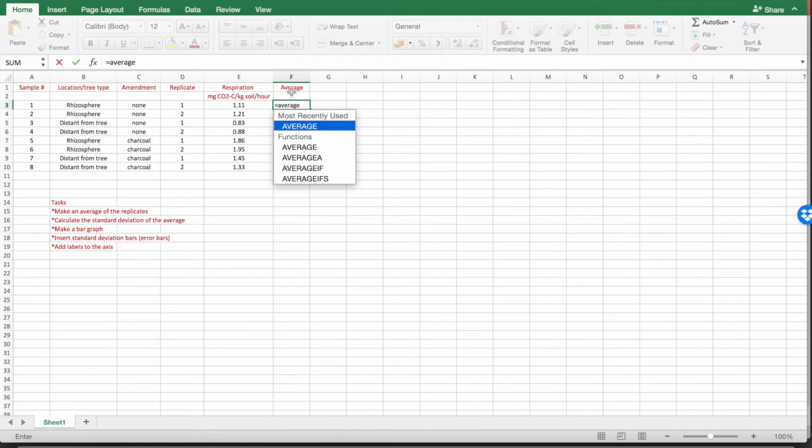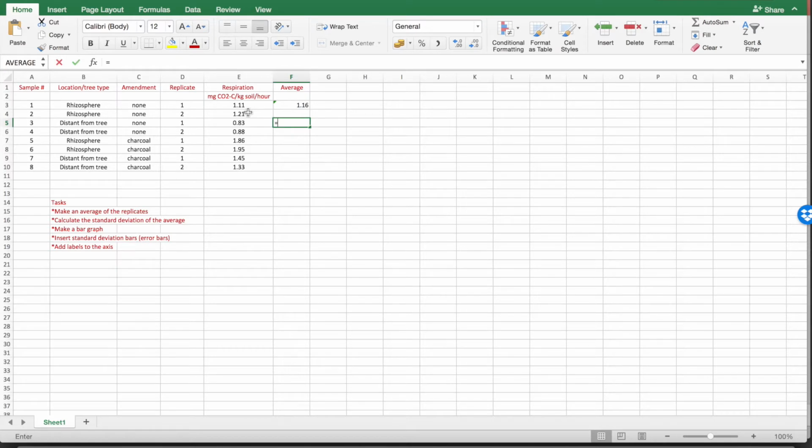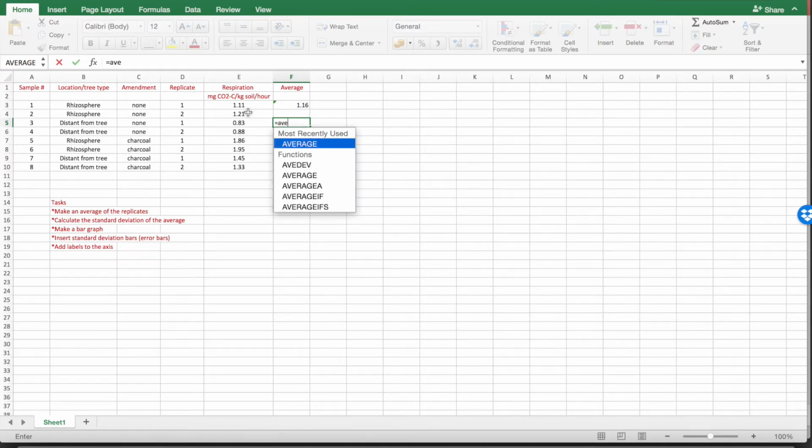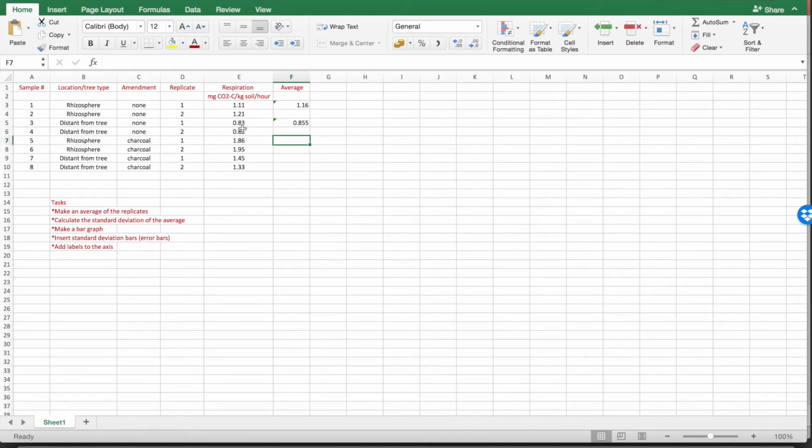We're making now here the average for the sample set, and so I'm gonna average out the soil respiration for each of the sample sets. So you see how I enter an automatic function of Excel called average. So equal sign to start the function, and then average, and then I select the range of samples I want to average out. Now I'm going to calculate the standard deviation, which is the dispersion from the mean values.